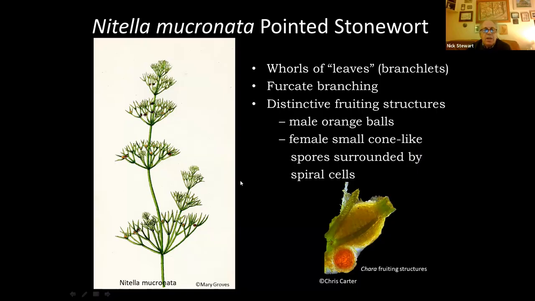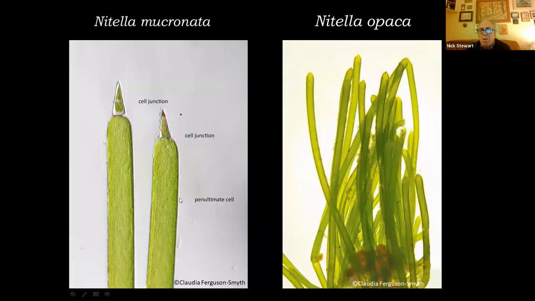and the key thing that separates it from the common stonewort, the dark stonewort, is that you'll see it's a single cell all the way right to the tip. Whereas in Nitella mucronata, the pointed stonewort, you'll see that the tip is actually made up of an extra cell.